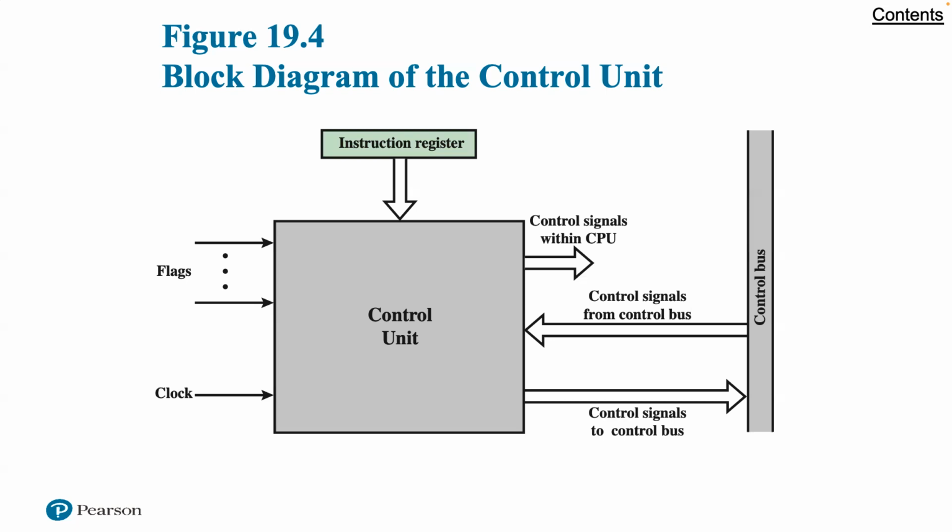A control signal that opens the gates allowing the contents of the data bus to be stored in the MBR. Control signals to logic that add 1 to the contents of the PC and store the result back in the PC. Finally, the control unit sends a control signal that opens gates between the MBR and the IR.